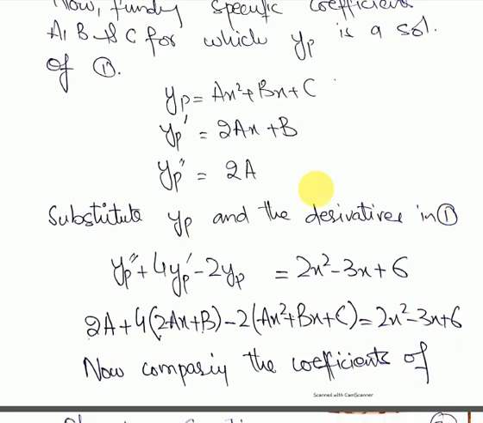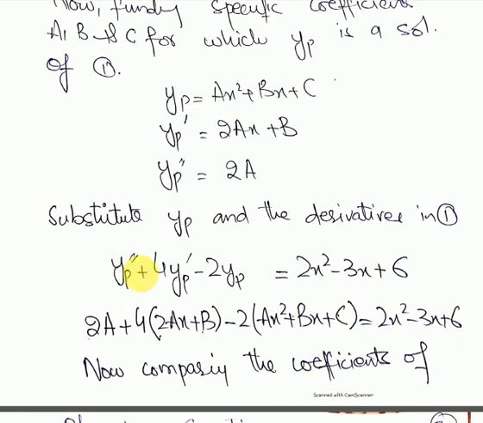Now substituting these three terms in equation 1 gives yp double dash plus 4 yp dash minus 2 yp is equal to 2x square minus 3x plus 6. What we are doing here is solving the equation for yp because we need to find the particular solution.